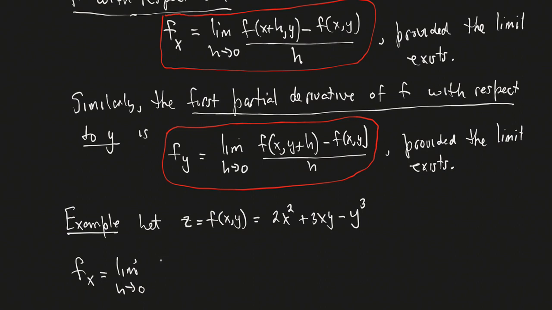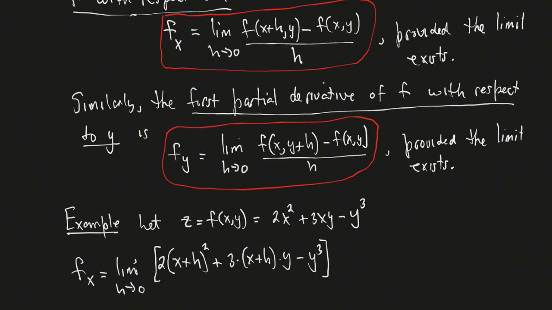Here we have 2, and then replace that x with x plus h squared, plus 3 times x plus h, and then all the y's stay the same, so times y, minus y cubed. So this is just the first term. Let me put that in square brackets to indicate that all of this that I just wrote in square brackets is this first term.